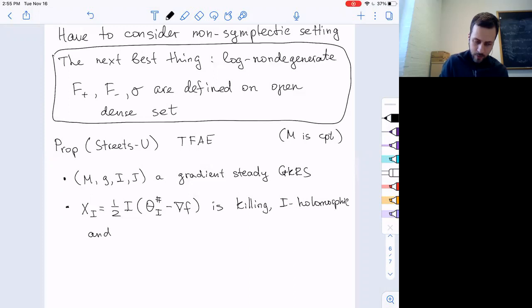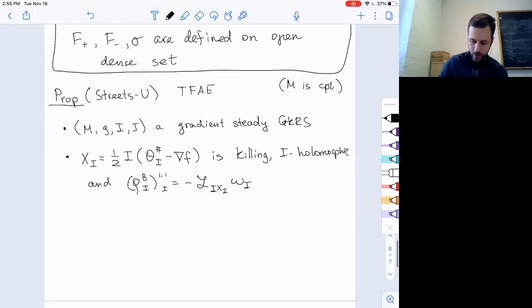And the Bismut (1,1) part of the Ricci form equals negative Lie derivative of xi with respect to omega I. So I have to explain one thing, that we need to explain what theta I sharp is.